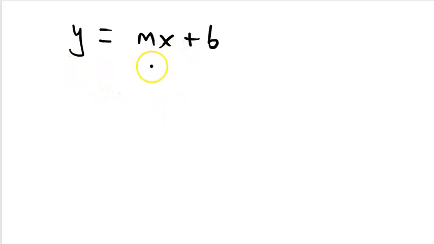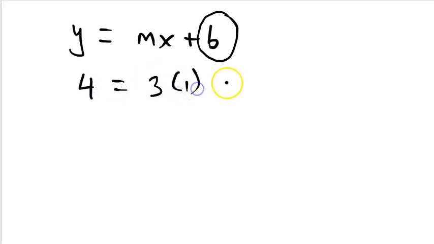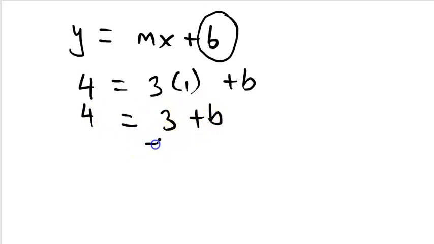In order to find b, which is the one that is not given in this case, we use y, which we found to be 4, the slope is 3, x is given as 1, plus b. So this will give me 4 is equal to 3 plus b. To solve for b, we subtract 3 from both sides. These two will cancel. Therefore, b is equal to 1.